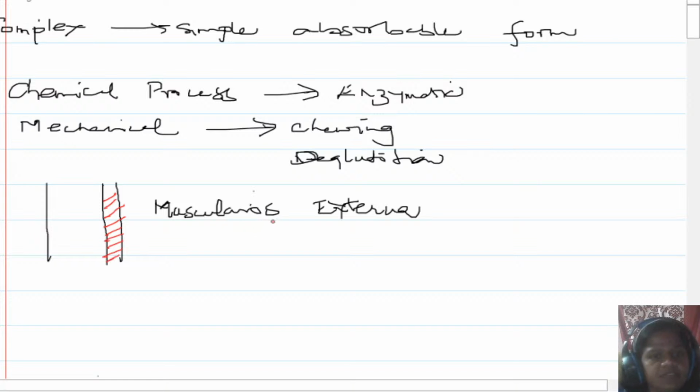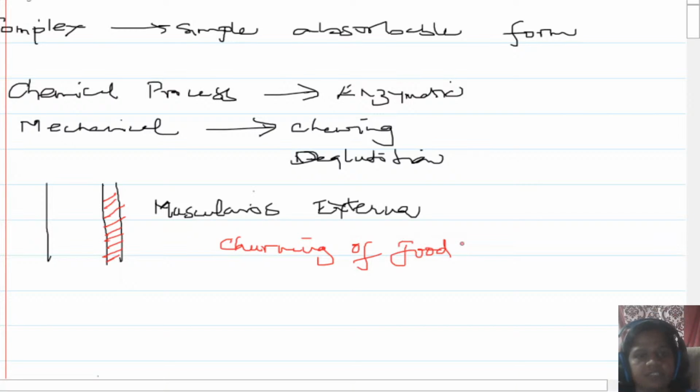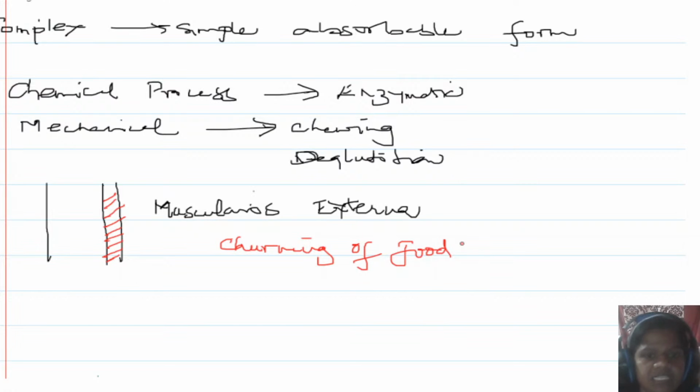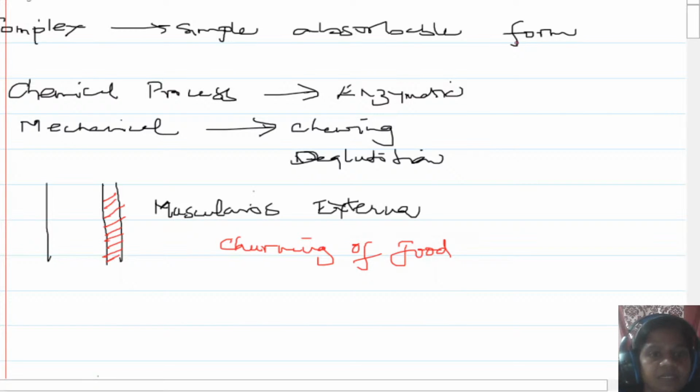Of course, in the stomach, we also find the oblique muscles. These help in the turning of the food. The turning also helps in the mixing of all the digestive juices with the different parts of the GI tract. So those are the two processes, the mechanical and the chemical processes.